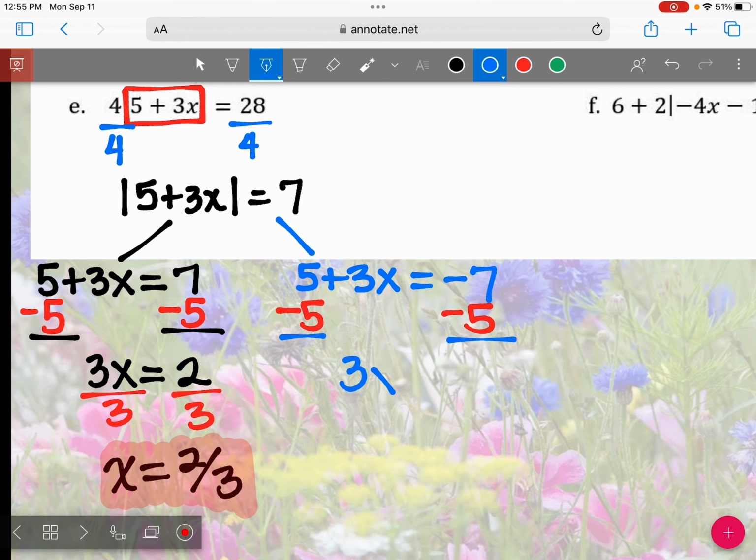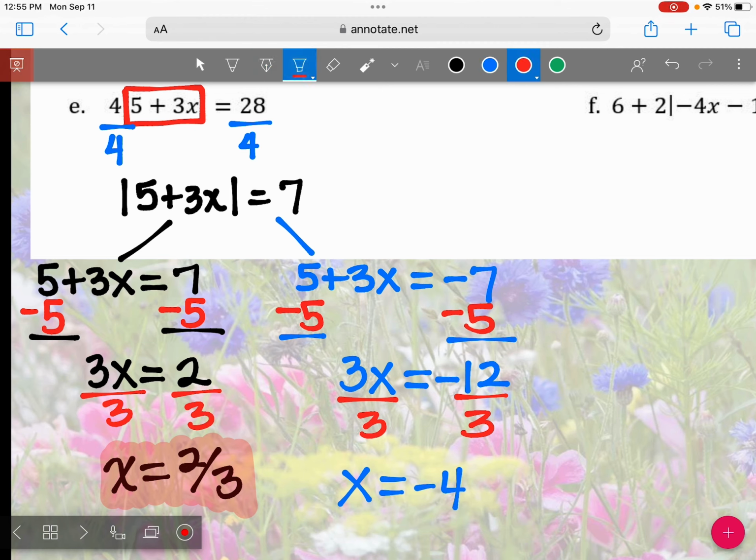So 3x equals negative 12. And then we divide by 3. So my second solution is x equals negative 4. Okay, any questions about how we work through that?